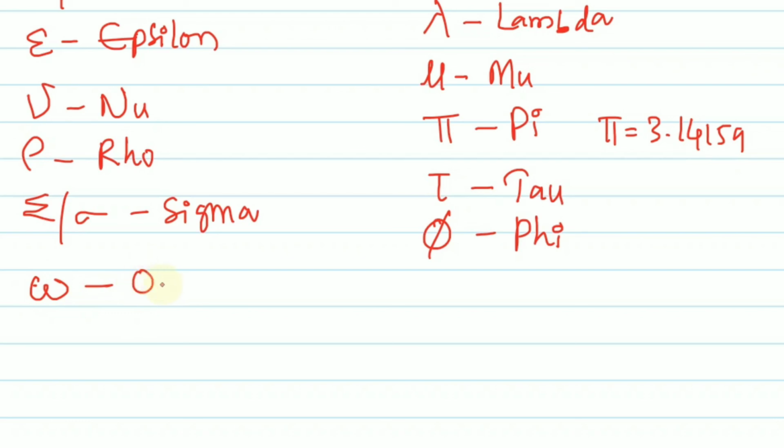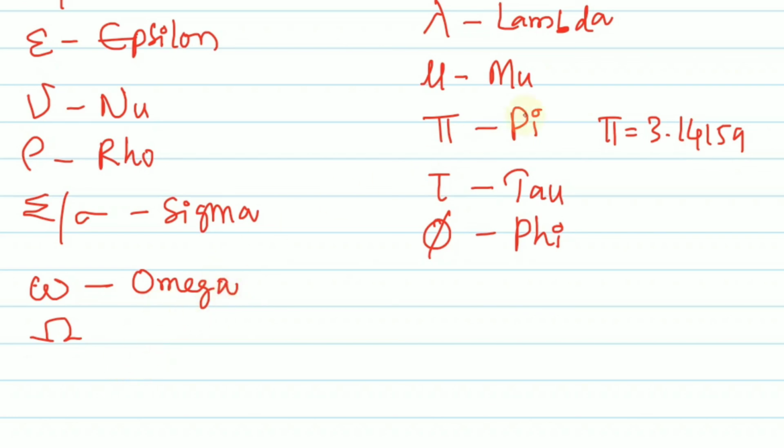Omega is generally used to represent angular velocity, and the uppercase of omega, which is used to represent ohm, a unit of resistance.